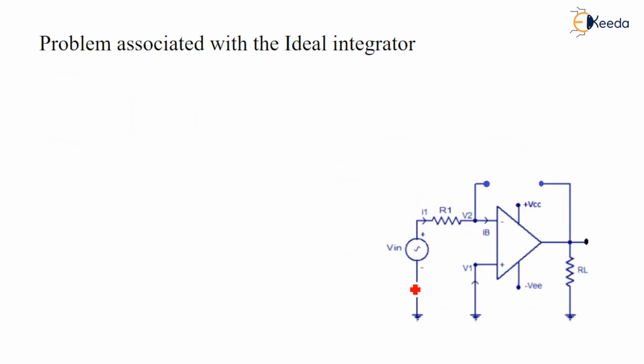But there are problems associated with this ideal integrator. What are the problems? The capacitive reactance will be infinite. We know in the ideal integrator, the CF is connected in the feedback path, which decides the gain of this inverting amplifier.